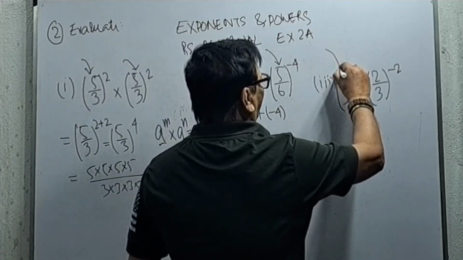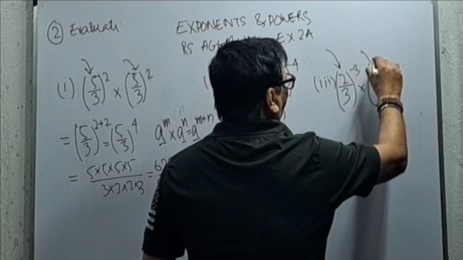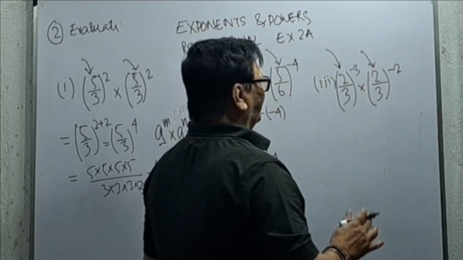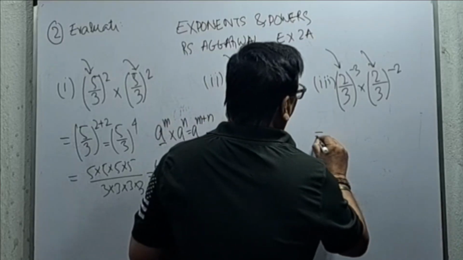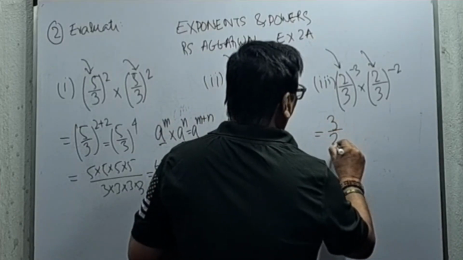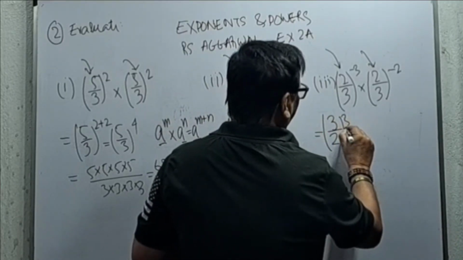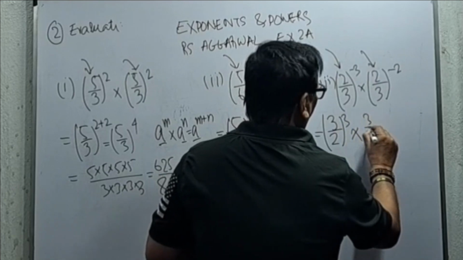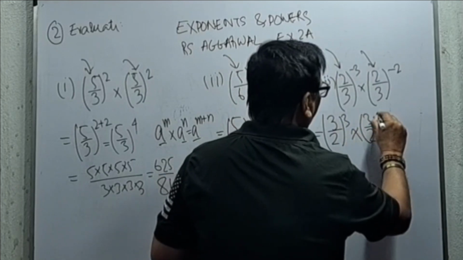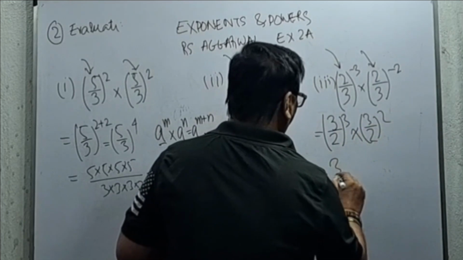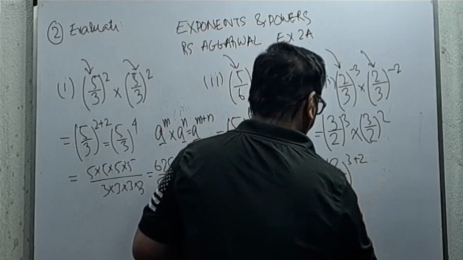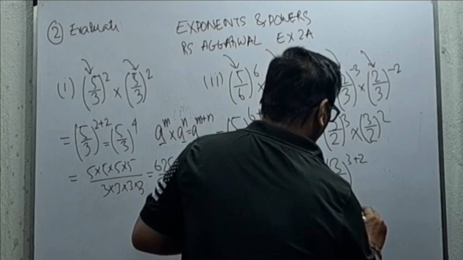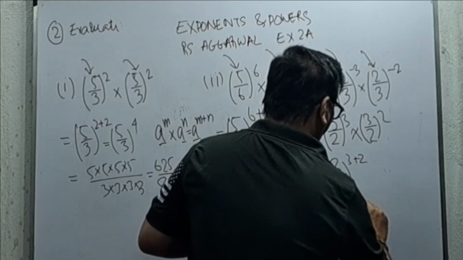Now we move on to part 3. See, here again the bases are same, but since they are same, we can make the power positive, so we can write 3 by 2 power 3 times 3 by 2 power 2. That gives you 3 by 2 power 3 plus 2, which is 3 by 2 power 5.